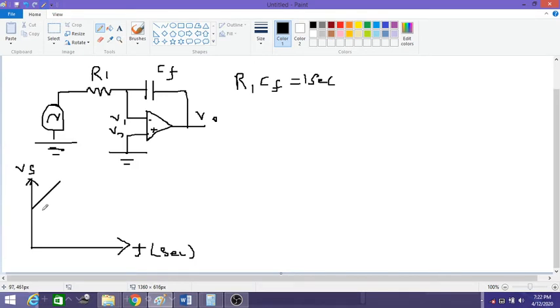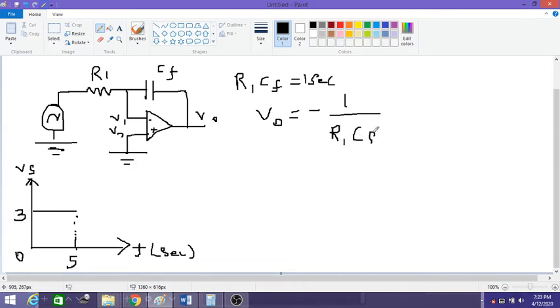So here it is defined that the magnitude is 3. So from time 0 to 5 seconds, its magnitude is 3. That is what the signal here means. Now we have to see what the output voltage is. So let us take this equation, V0 is equal to minus 1 by R1 into Cf, integral from 0 to t of Vs dt.